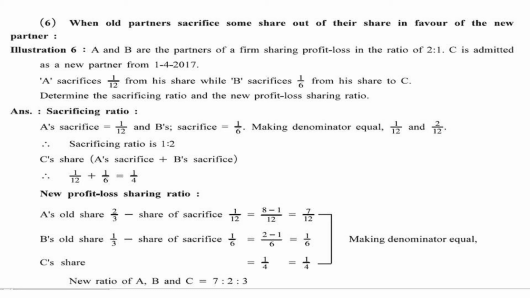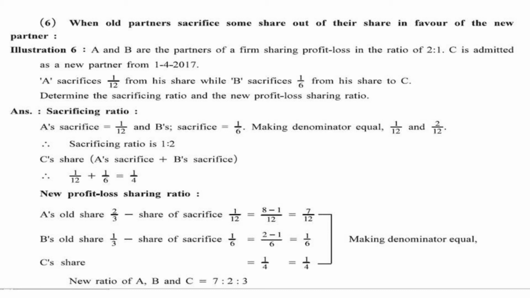Sacrificing ratio. A's sacrifice is 1 upon 12 and B's sacrifice is 1 upon 6. Now making the denominator equal, 12 and 6 are in the denominator, so 12 is the LCM. 1 upon 6 multiplied by 2 gives 2 upon 12. So 1 upon 12 is A's sacrifice, and B's sacrifice is 2 upon 12.